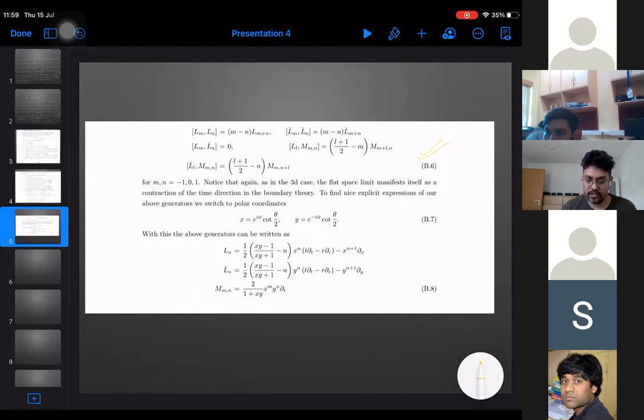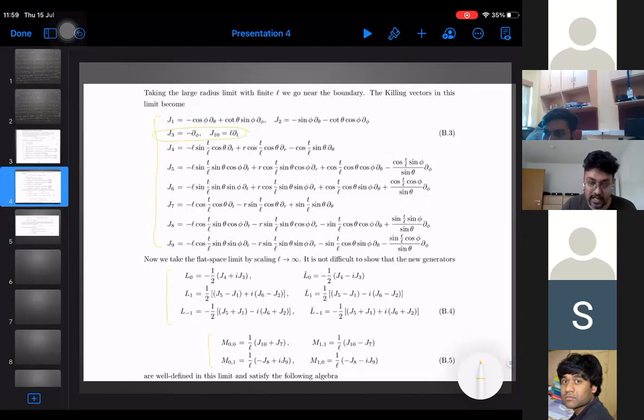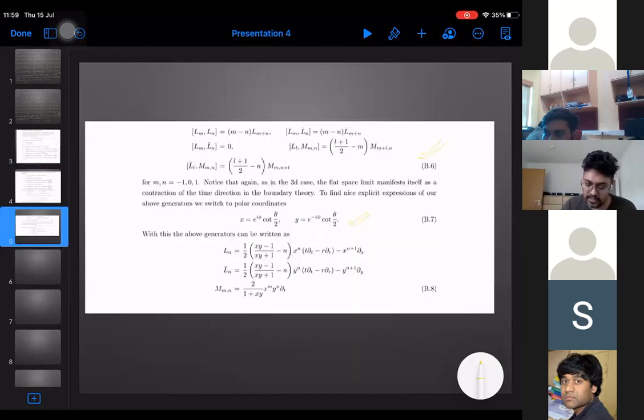And if you try to find a more explicit expression for these generators in a nicer way, you can take the polar coordinates given by this and then express the Ln's and the Mn's in terms of that. Those generators are given by these. So these are the Ln's, the Ln bars, and the Mn's. These are all the generators for the BMS4.